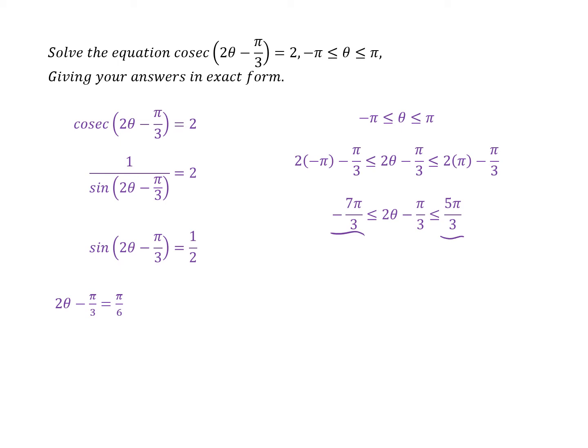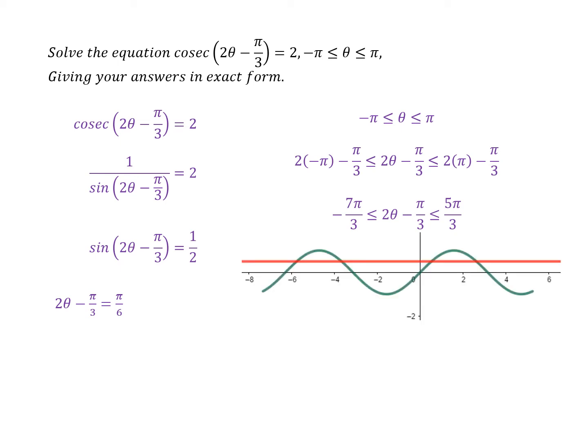So I'm going to draw the standard graph of sine x now, or sine theta, from minus 7 pi over 3 to plus 5 pi over 3. And there it is, the green line. Not quite going to 2 pi here, and going a little bit further than minus 2 pi here.